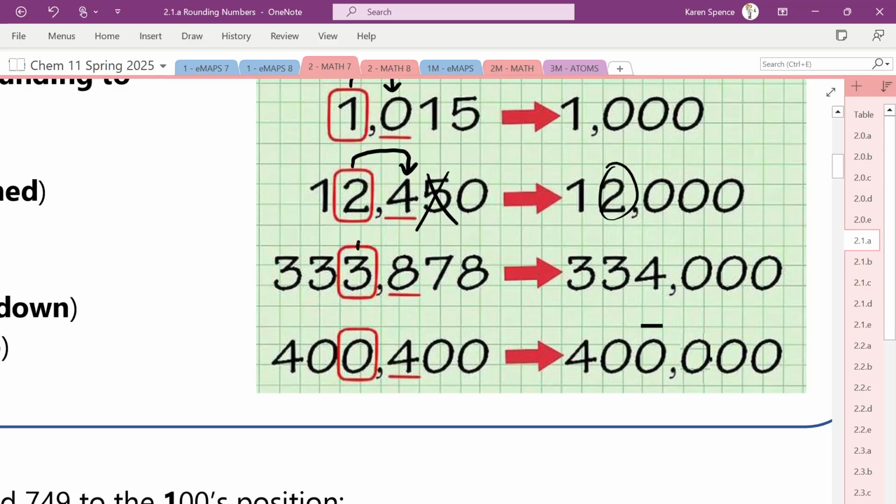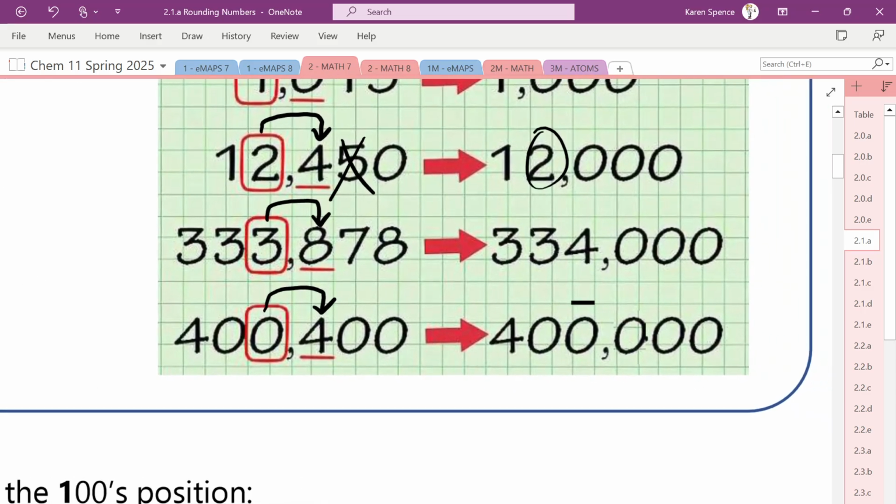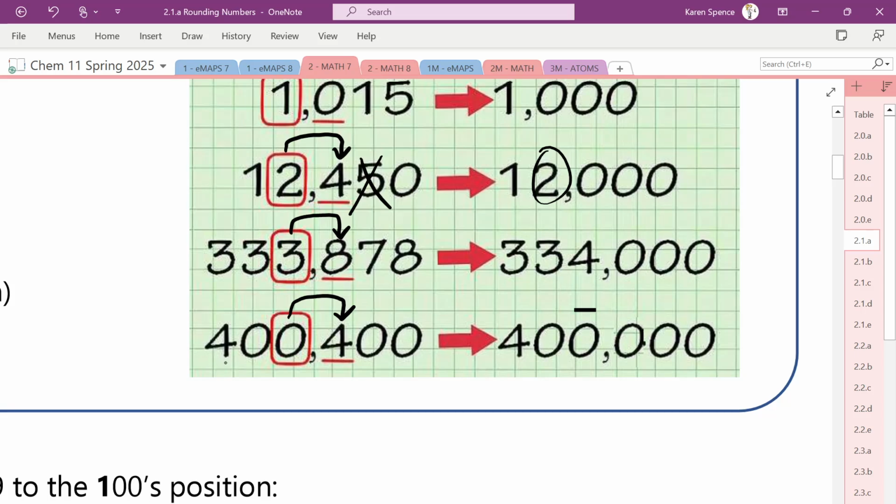We have a 3 here, and so that would round up to the 4, and we have less than 5 here, so that would be, and this is where the overbar comes in again, we have 400,000. If we are rounding to this digit, that is going to be our last sig fig.